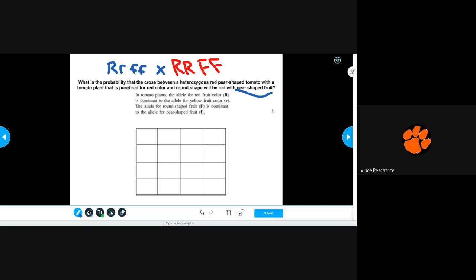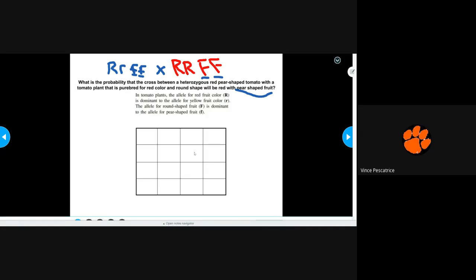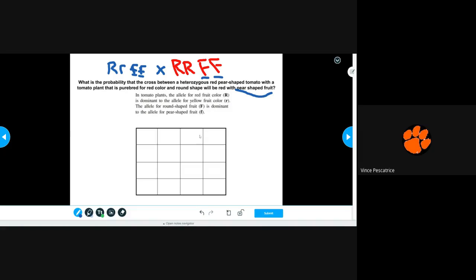It wants to know, is there a possibility that if these two plants were bred together, there'd be anything pear-shaped? If you look at it, no, because this has two dominants and this has two recessives. So in every pairing for shape, it will always be round, because the dominant allele will express the dominant phenotype. This capital F will express a round fruit.